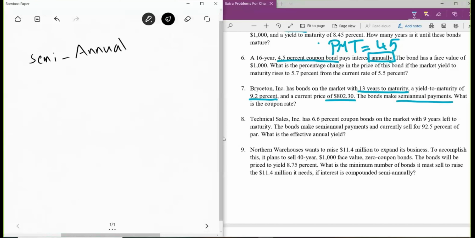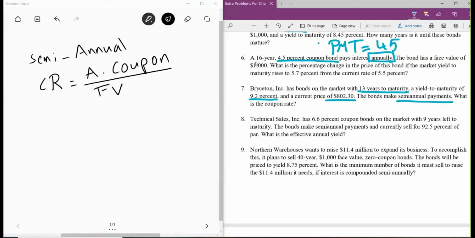Now, in order to find the coupon rate, remember the coupon rate equals the annual coupon divided by the face value. So as a first step, I need to find the payment and then find the annual coupon.